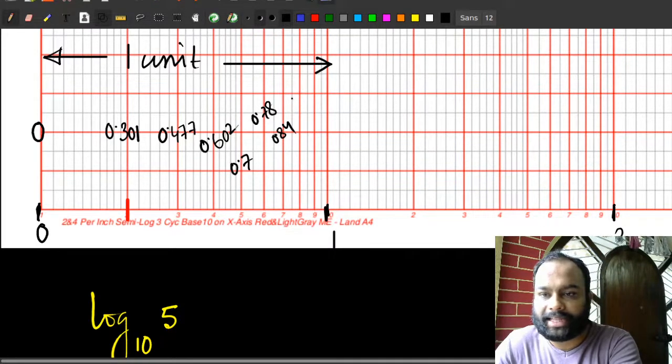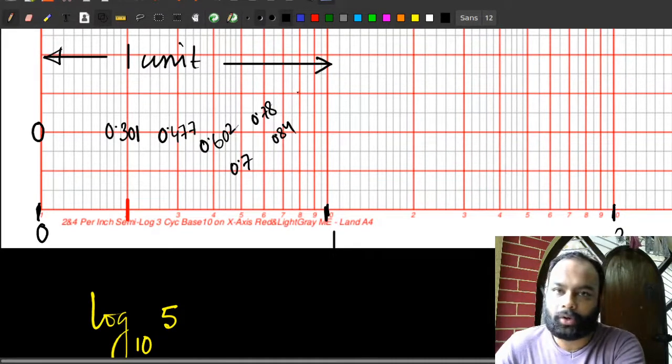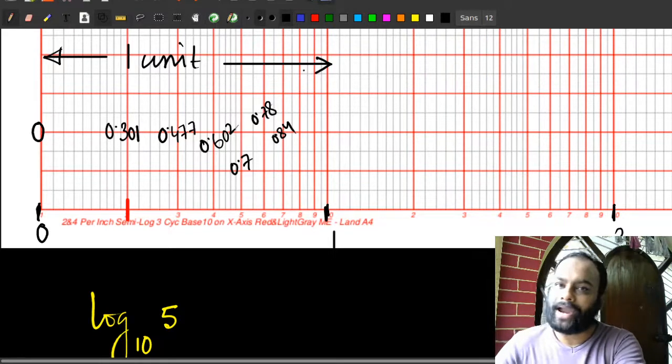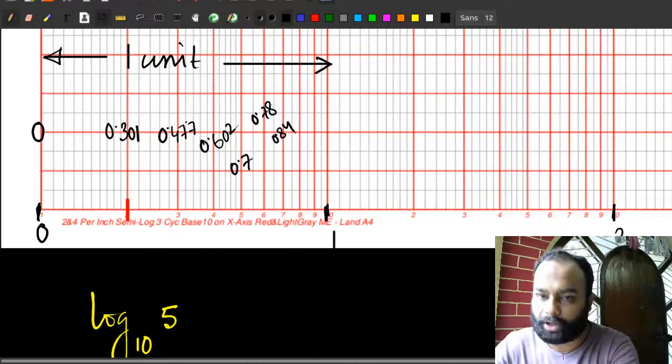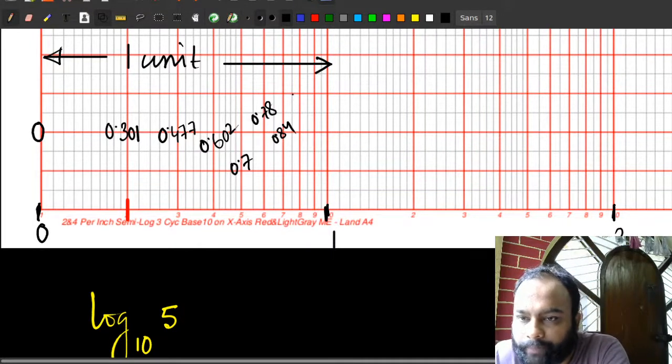As it would turn out, this is equal to log 8. And log 8 would be 3 times of this. Of course, log 8 is 3 log 2 because of that. So this is going to be 0.903.